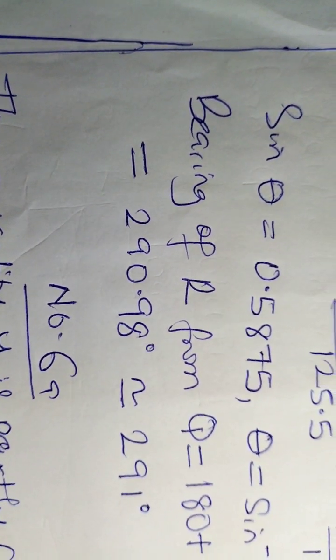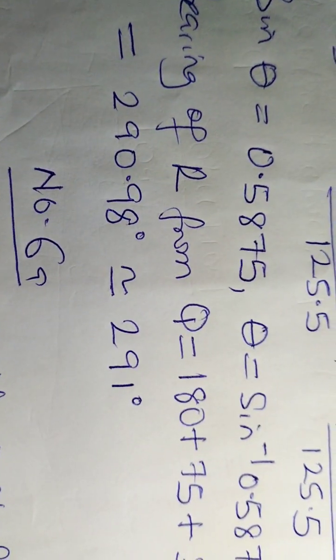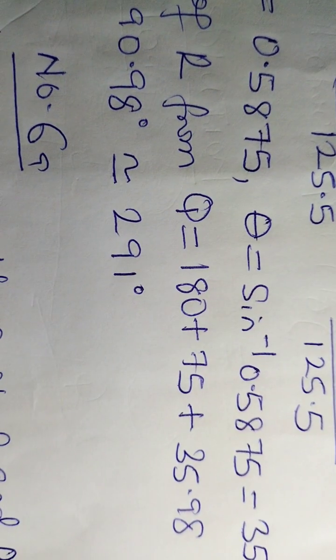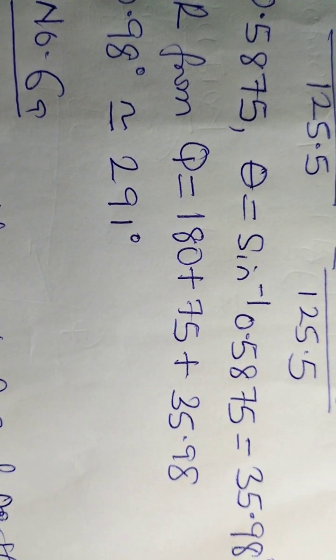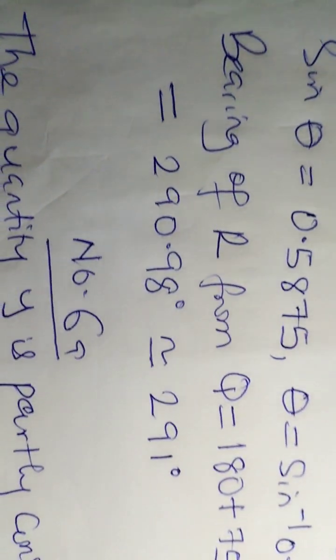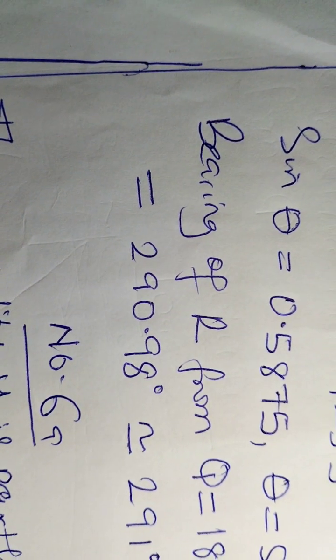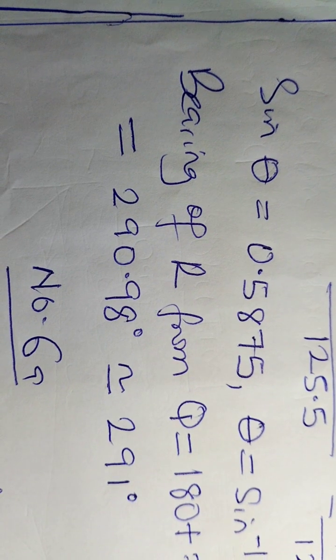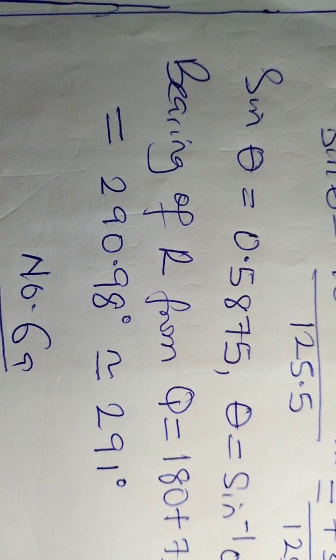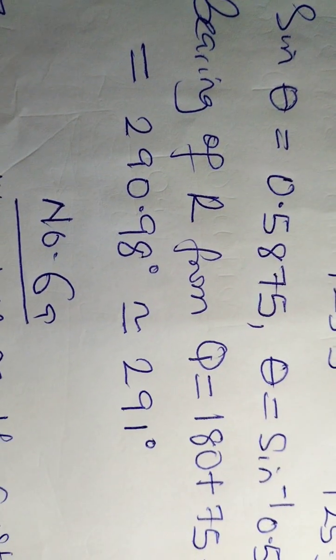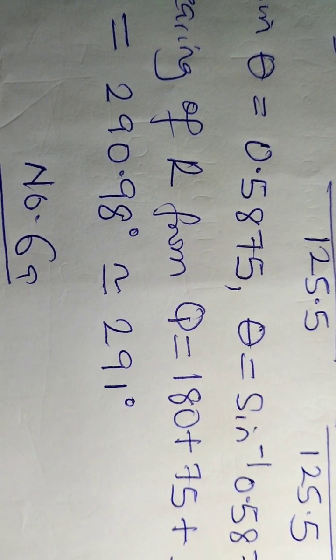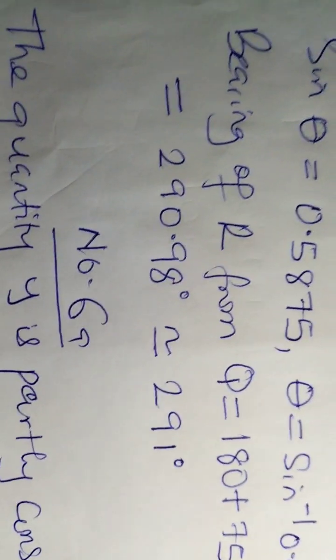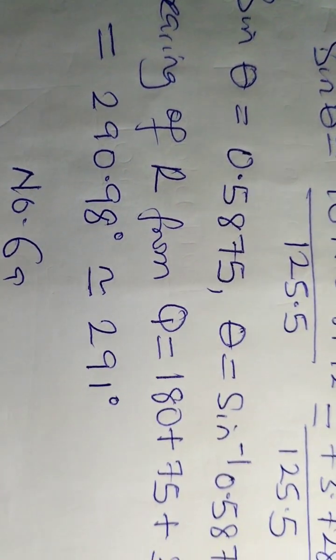Then bearing of R from Q will now become 180 plus 75 plus 35.98. And that gives us 290.98 degrees. Since the bearing is expressed in 3-digit form, we have approximately 291 degrees as the bearing of R from Q.